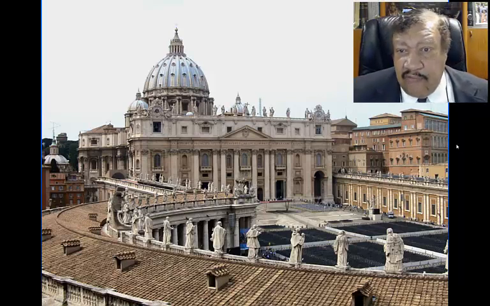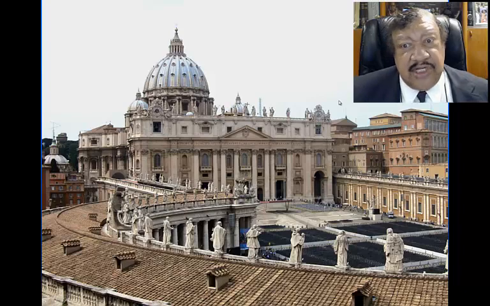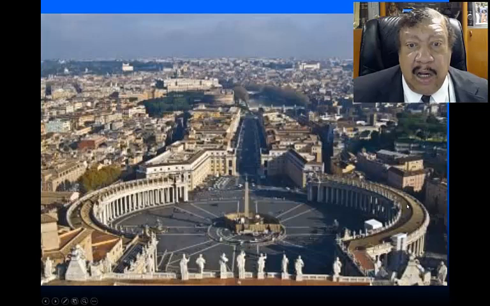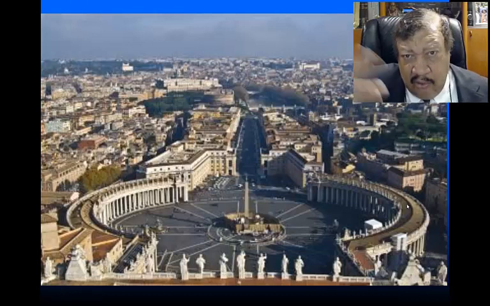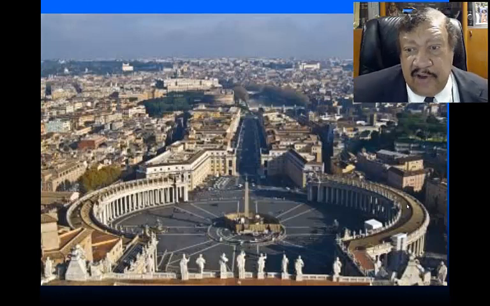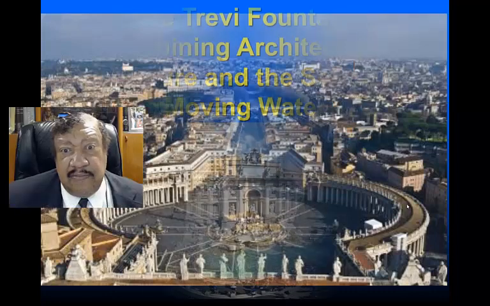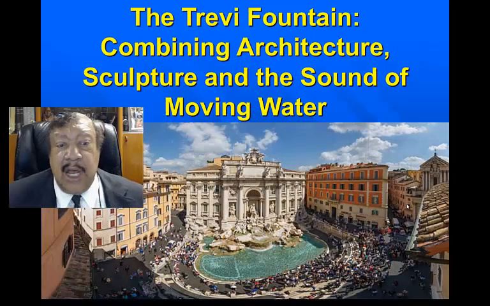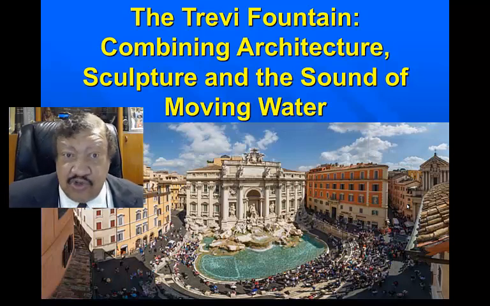Over here we see this building, which is the Sistine Chapel. And then later on, as we look over the city from the top of the dome, we look down on Rome. Now, the Trevi Fountain, and I hope you all get a chance to go to the Trevi Fountain.